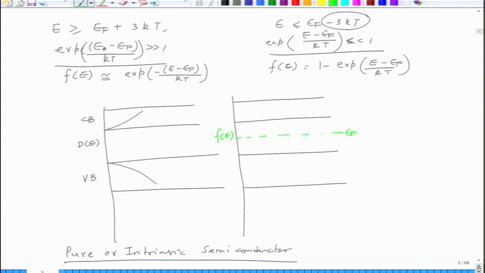So if you now plot, let us say this is the value of Ef, and this is E and this is dE in this direction. So y axis is energy, okay. This is Fe. So if I now plot Fe, this is 1 here.